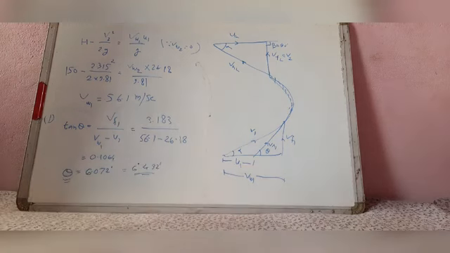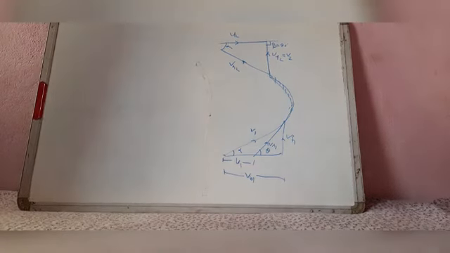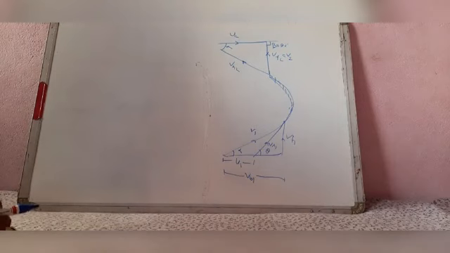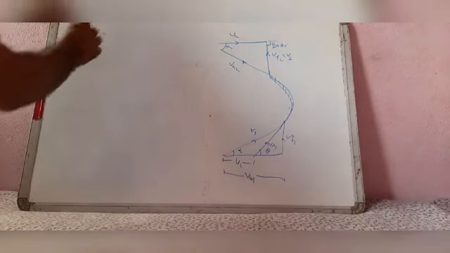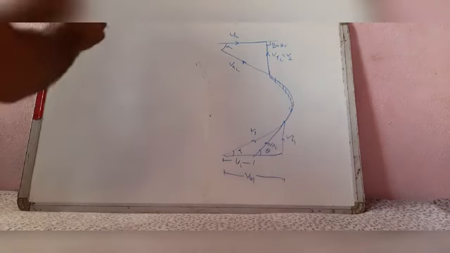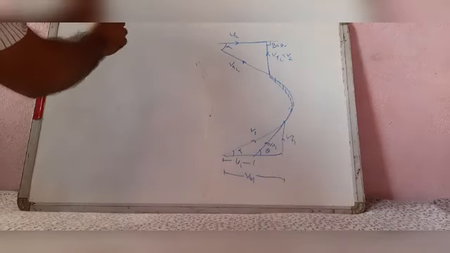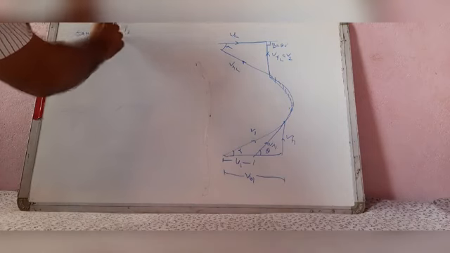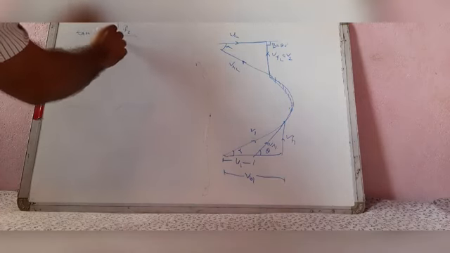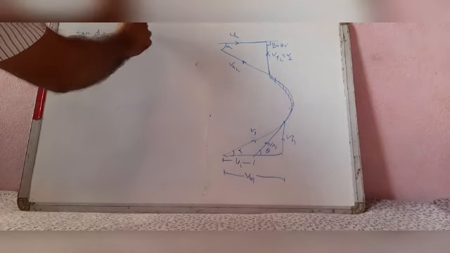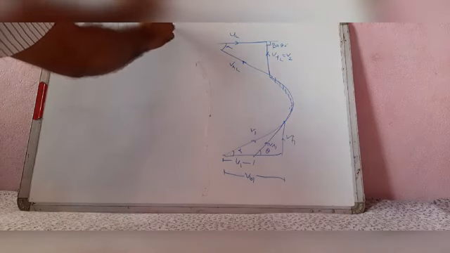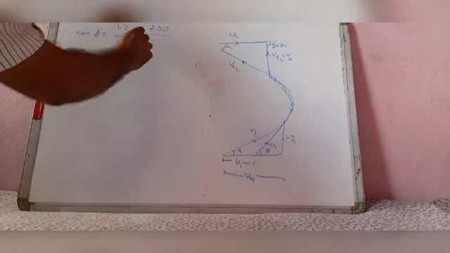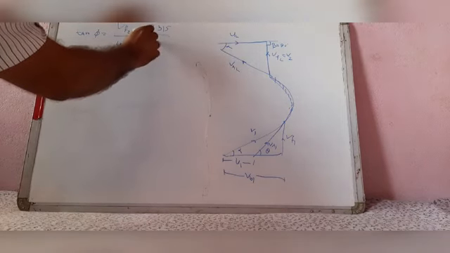And tan phi, from the velocity outlet triangle, equal to VF2 by U2. Putting the values here, 2.315 by 36.